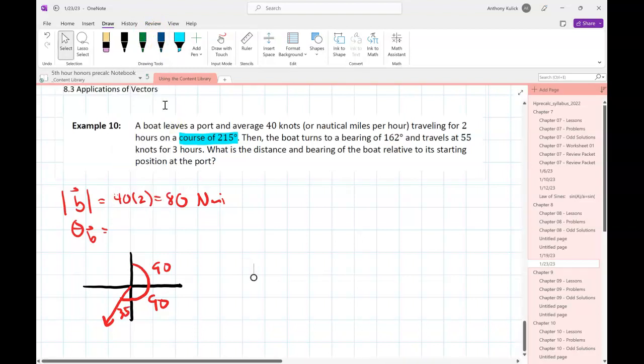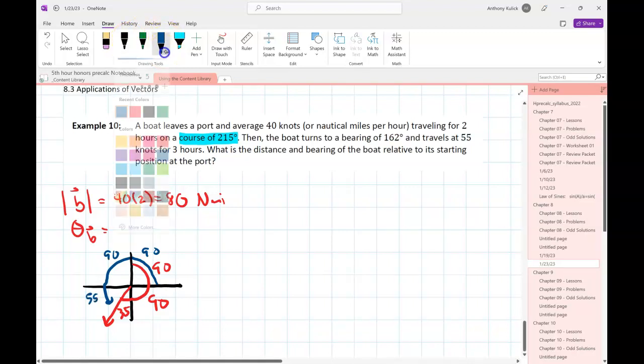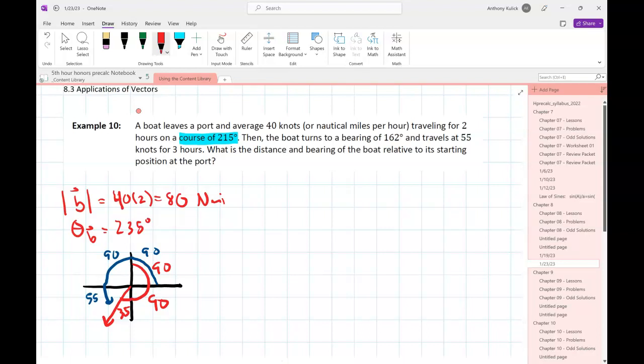If I want the standard position angle, 90, 90, and the other half of that is 55. So my angle there would be 235 degrees. Everybody's okay with that?